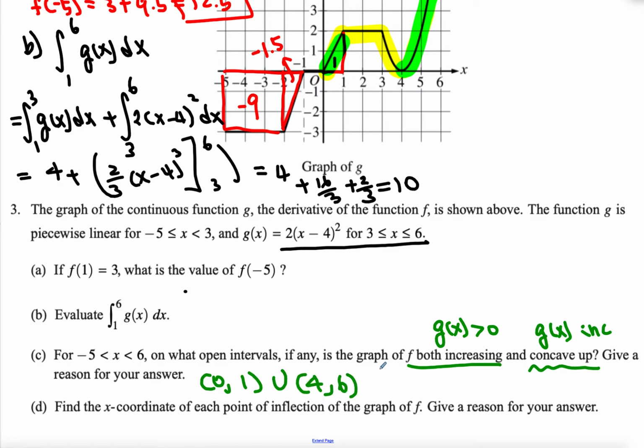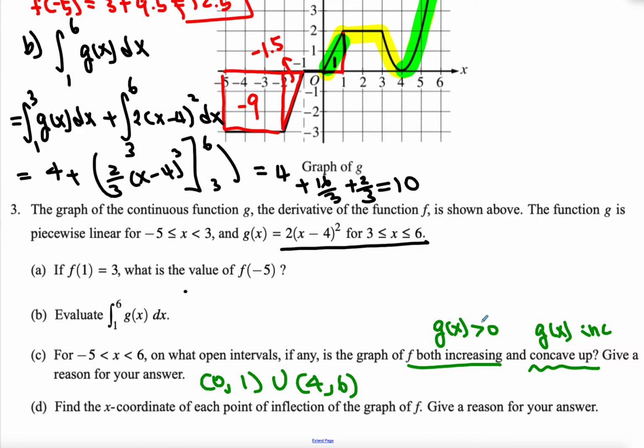Those are the two intervals we are looking at. The reasoning is that increasing implies the derivative of f, which is g of x, has to be positive, and f is concave up. That means the second derivative, which is the derivative of g of x, has to be positive, meaning g of x is increasing. That's what we can write to get the answer.